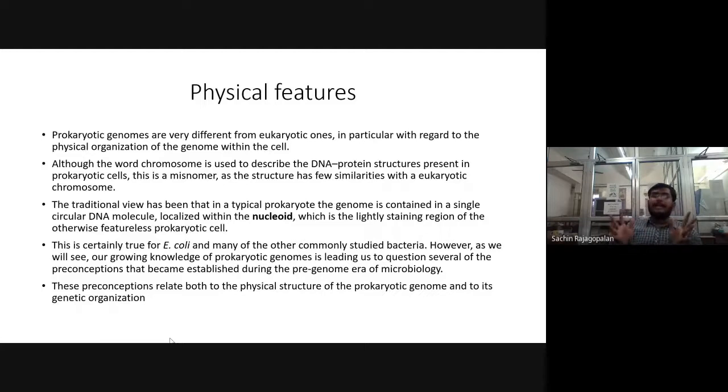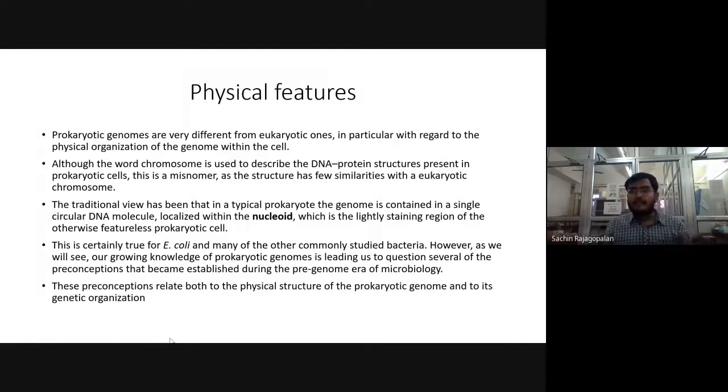But let me tell you that there are a lot of differences in the kind of proteins that are associated with the DNA in the case of a prokaryotic cell. Now, what we need to understand is that whatever data we have about the nucleoid, whatever data we have about the prokaryotic genome, that comes from E. coli.